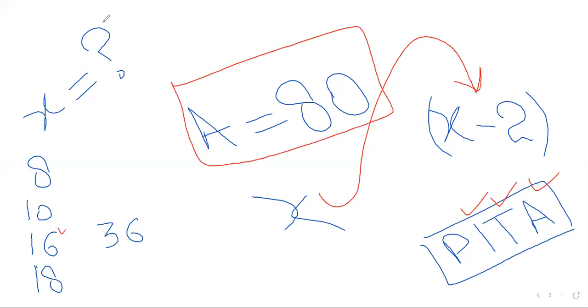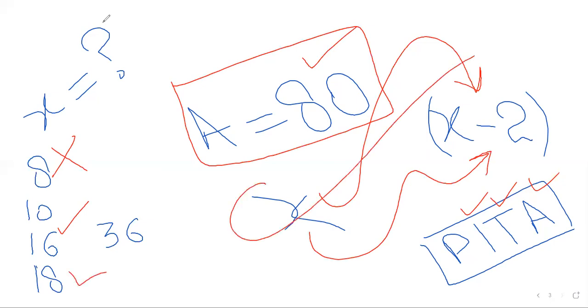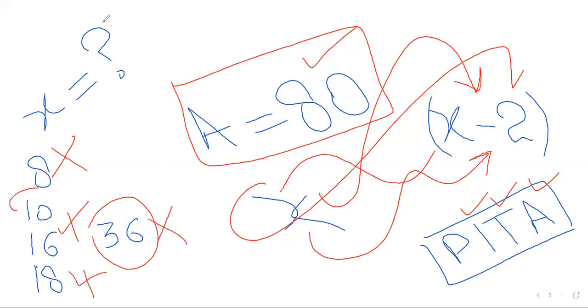If I put in 16, then 16 times 14 will not match 80. If I put in 18, then 18 times 16 again doesn't match. So 16 is gone, 18 is gone. If I put in 36, then 36 times 34 doesn't match either. So only 10 is left, so this must be the answer.